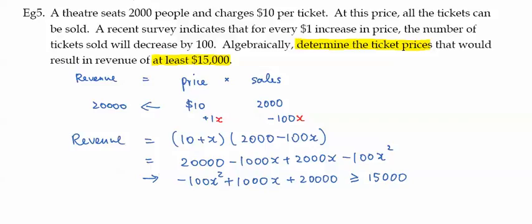We have a quadratic. Group the like terms together. Bring it back to the left hand side. Negative 100x squared plus 1000x plus 5000 here. I want this to be bigger than 0. Where would it be?